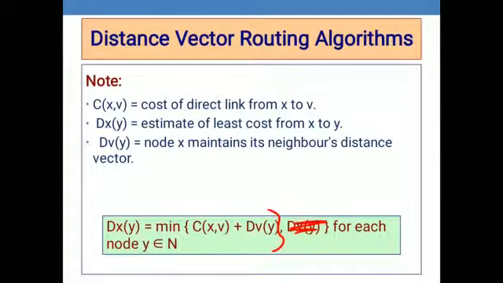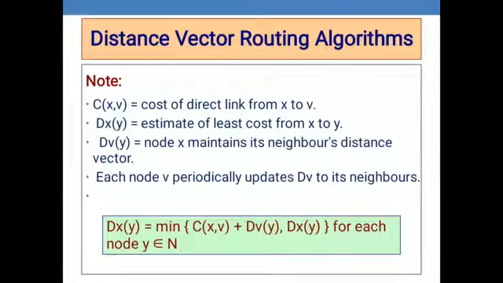So for each node y belongs to N. N means the network. Whatever the network is, y is one of the routers in it. Then by using this formula, we will find the shortest path. Each node v periodically sends its distance vector dv to its neighbors. Whenever it is updated, only then do we need to update the information in the routing table.